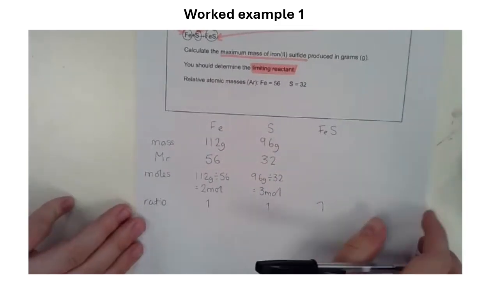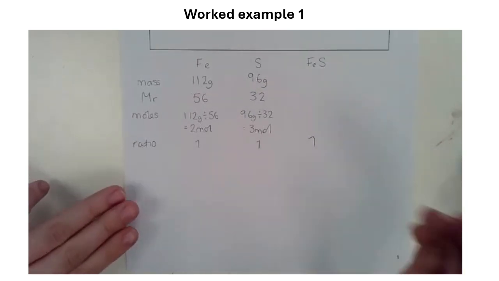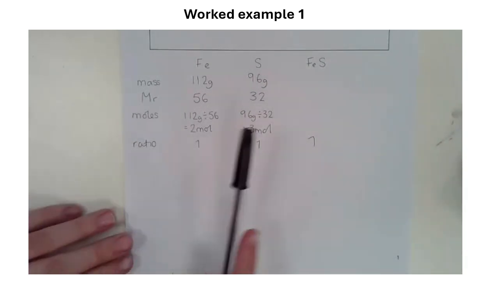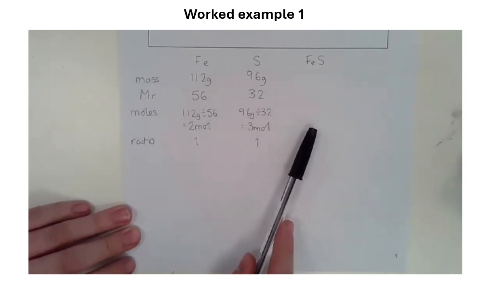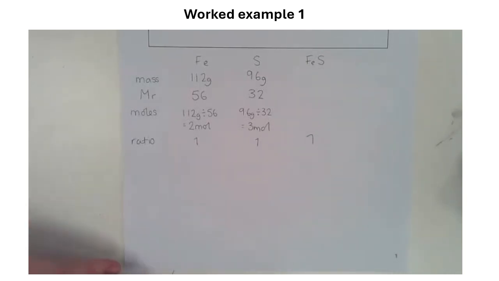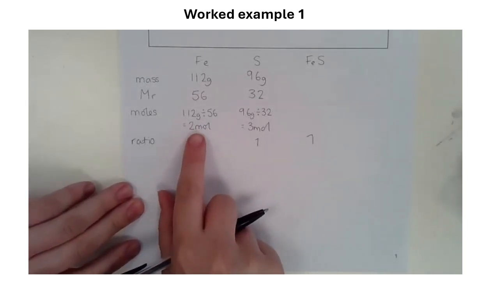This is the part where I now need to identify the limiting reactant. What that means is I need to identify whether it's the iron or sulfur that will limit how much iron sulfide is made. So I need to write 3 sentences here. I'm going to look first at my iron.